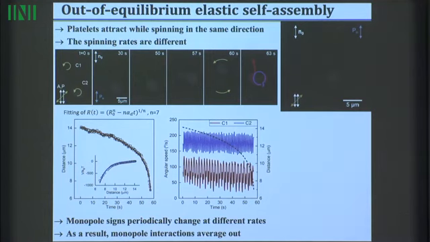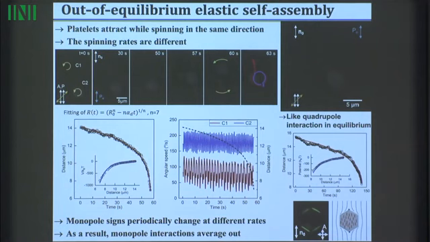Again, I hope you can see this video. And so for that reason, the signs of the monopoles are changing from positive to negative all the time, and their effects are canceling out. So as a result, we have quadrupole-like interaction between them, and indeed it's similar to what you have for the very same particle as you switch it to the quadrupole state.